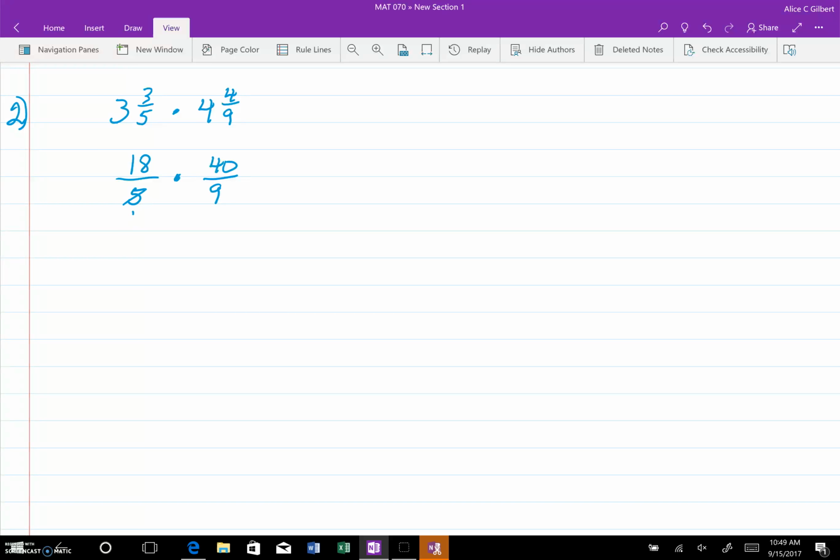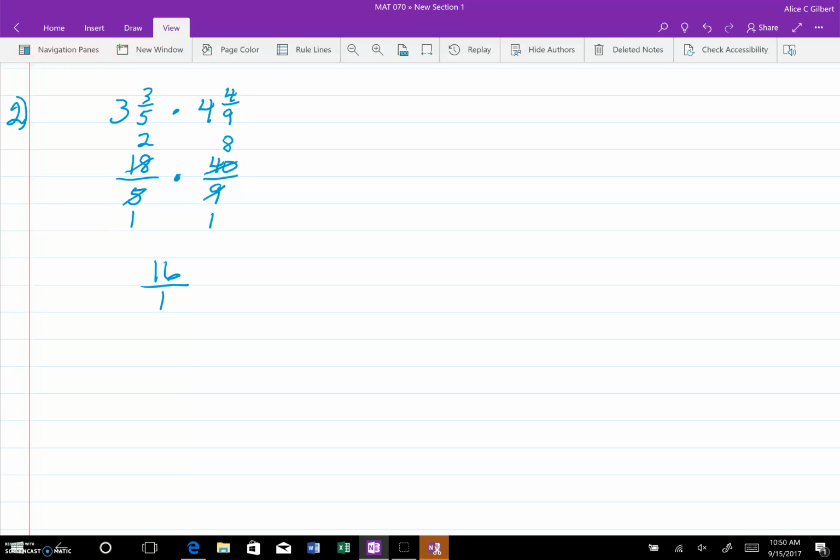So 5 goes into itself once and into 40 8 times. 9 goes into itself once and into 18 twice. Multiply up my numerators: 2 times 8 is 16. Multiply up my denominators: 1 times 1 is 1.